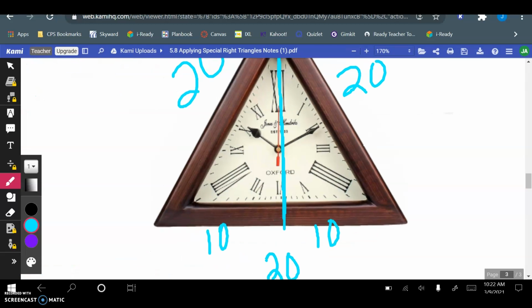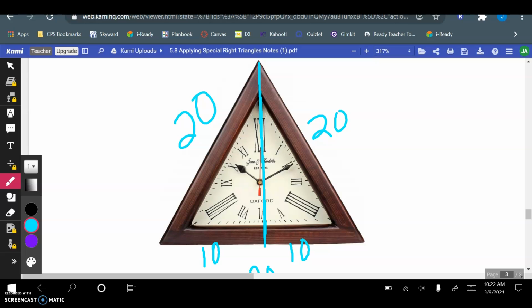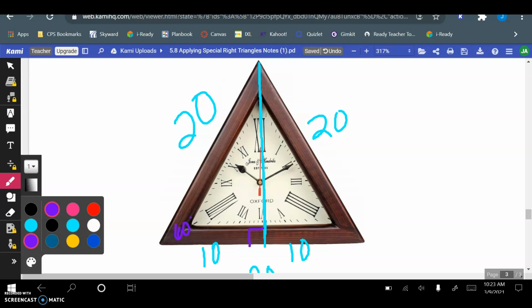So what happened here is when we divided that in half, we just made a 90-degree angle here. This was a 60-degree angle, because in an equilateral triangle, all the angles are 60. And then we divided this 60 at the top in half, so that would be a 30. So our shortest leg would be 10.